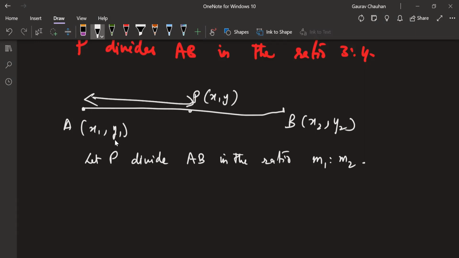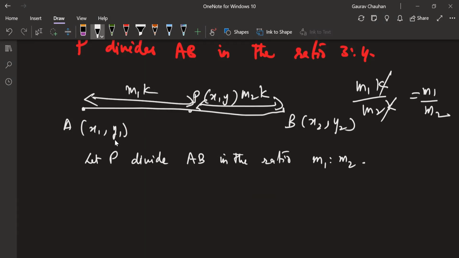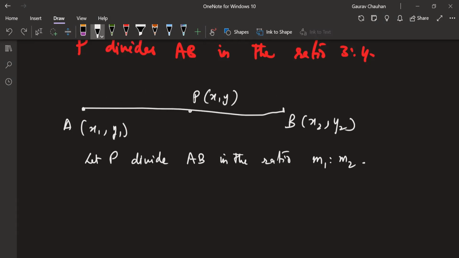This is M1 into K, this is M2 into K. K will get cancelled, and I'll get the ratio as M1/M2. Okay with this, Asghar? M1K, M2K. When I take the ratio, I get M1K/M2K, K gets cancelled, which is equal to M1:M2. That's why we are writing it separately in a line. You following me here? Anyone nodded a 5 so far?